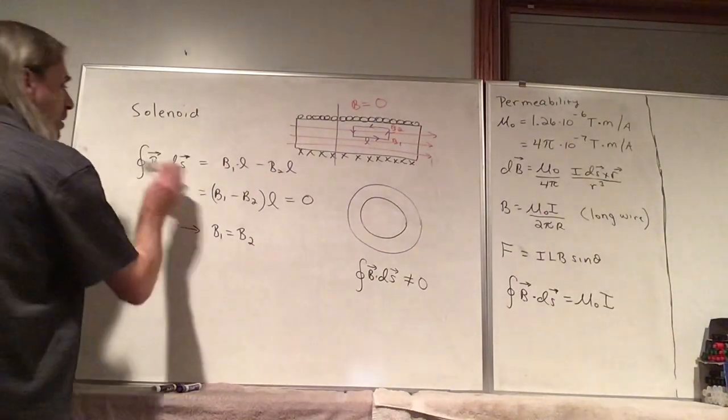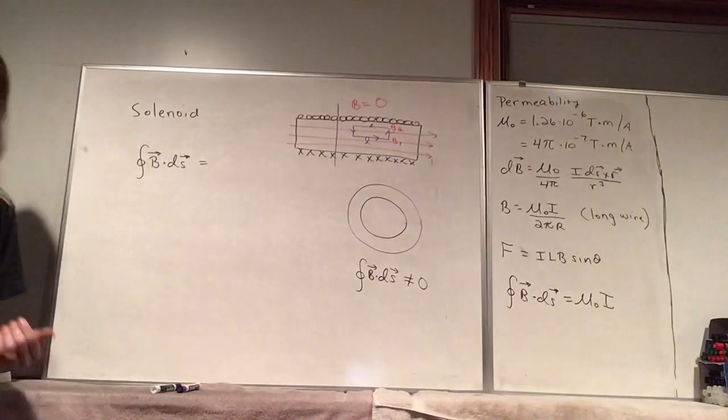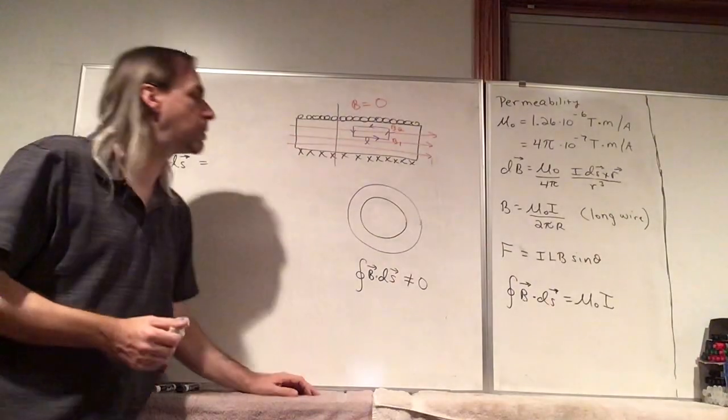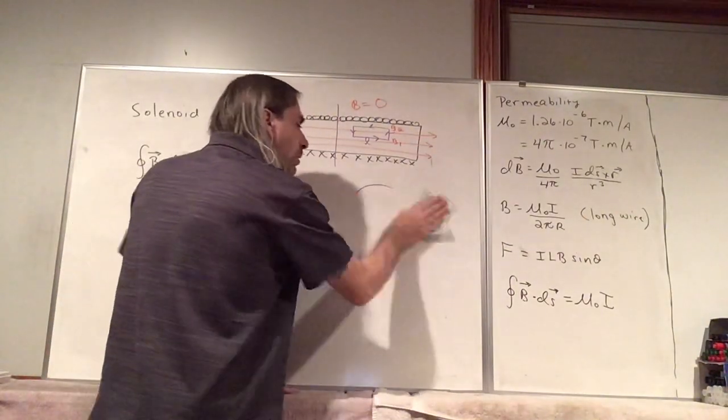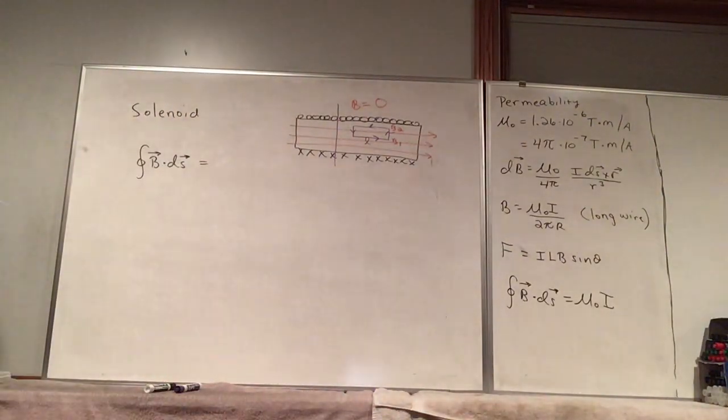Okay, so we know the magnetic field inside is significant, unlike the magnetic field outside the solenoid. We know it's constant in magnitude everywhere, but now we want to know what it actually is.